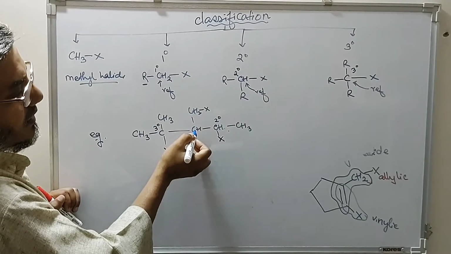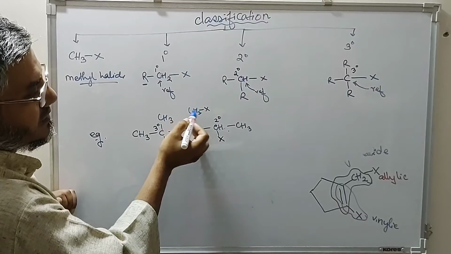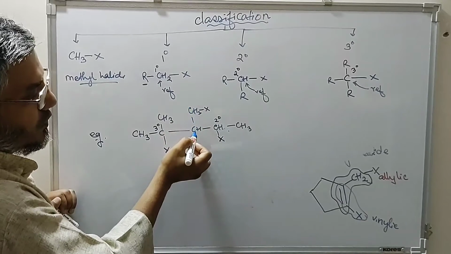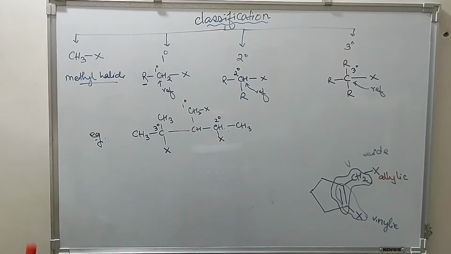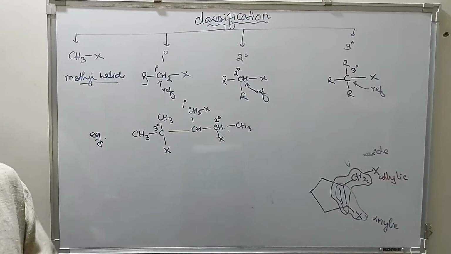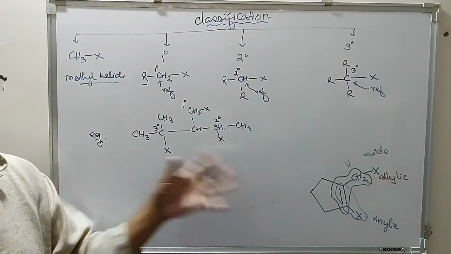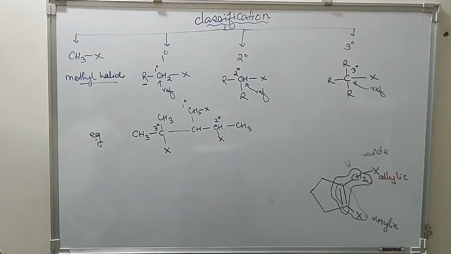And look at this, the carbon bearing halogen is bonded to only one carbon atom. So this is classified as primary. So this classification is very simply based on the number of carbon atoms to which the reference carbon is bonded. We can classify into primary, secondary, tertiary, etc. So this is the classification of alkyl halides.